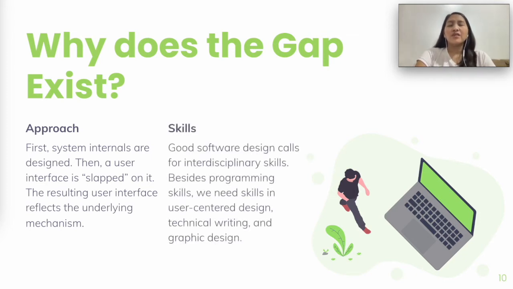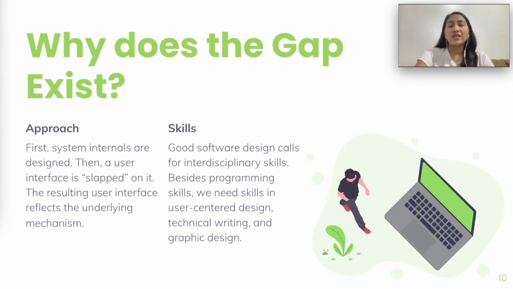And the fourth is the skills of the developer himself or herself. Ang maayos na software design, it requires interdisciplinary skills. Ibig sabihin, hindi lang programming ang kailangang maalam ka. Kailangan din ng skills pagdating sa user-centered design. Paano ba ito i-achieve? Ano bang ibig sabihin nito?